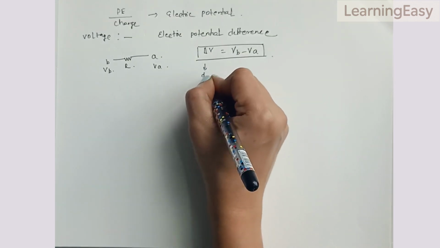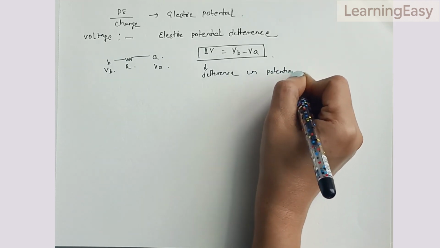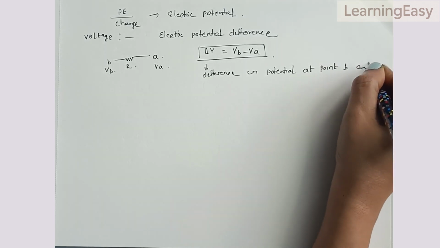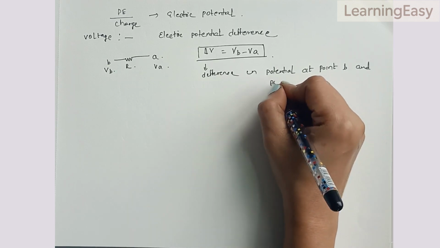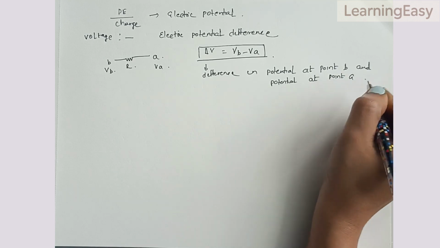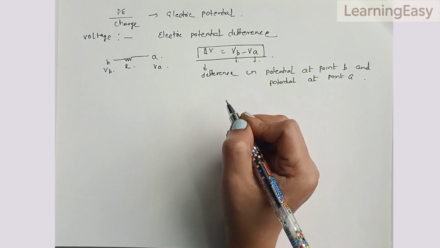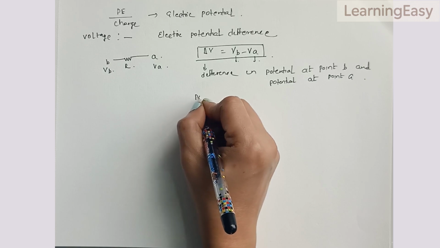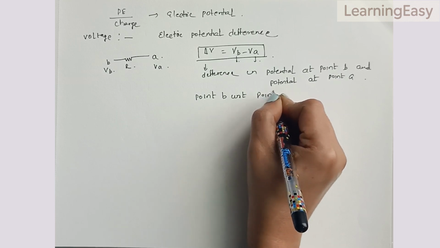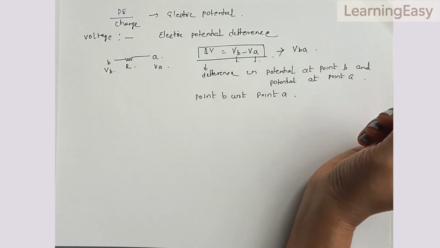Delta V is your difference in potential at point B and potential at point A, or you can say potential of point B with respect to potential at point A. This is given by V of BA.